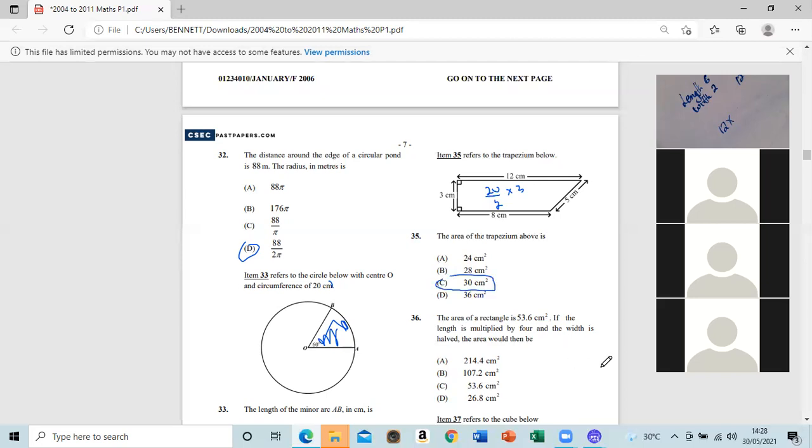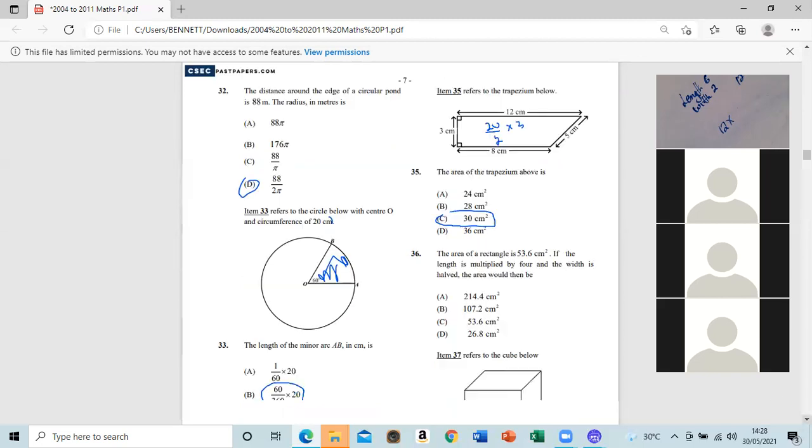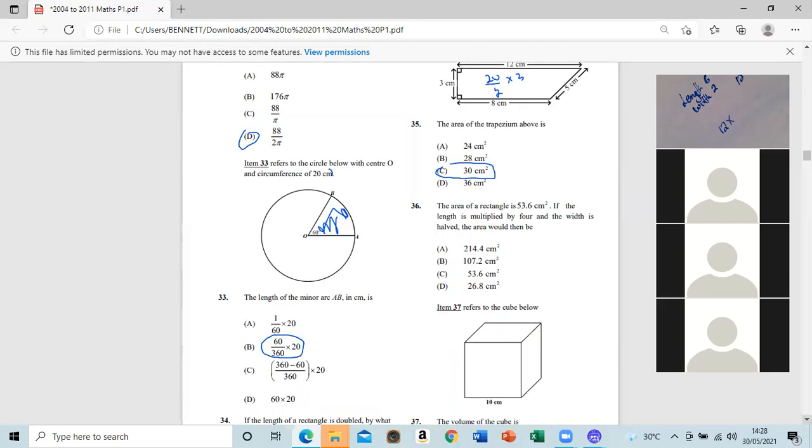The area of a rectangle is 53.6 centimeters squared. If the length is multiplied by 4 and the width is halved, the area would be... we have to actually do this again.